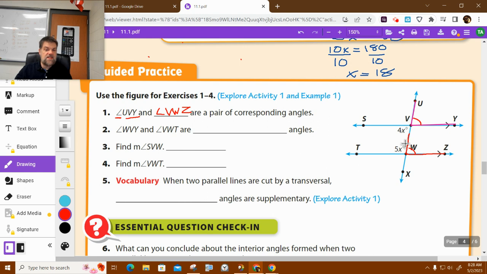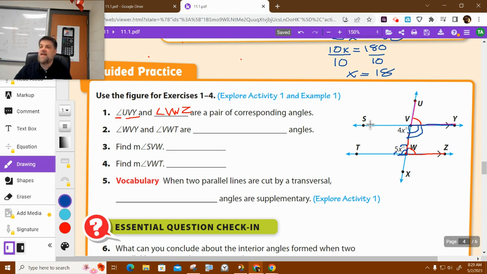So now the next question they say is WVY, and that's a different color. This is WVY, going from here to here, that's this angle here. And VWT, so I go from V to W to T, that's this angle here. Notice, what kind of angles are they?